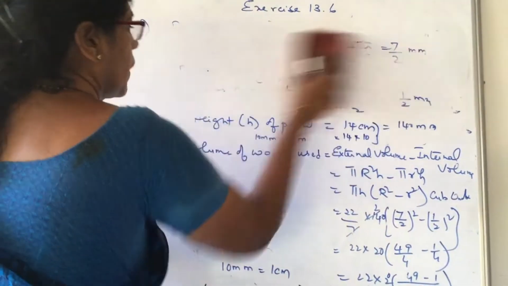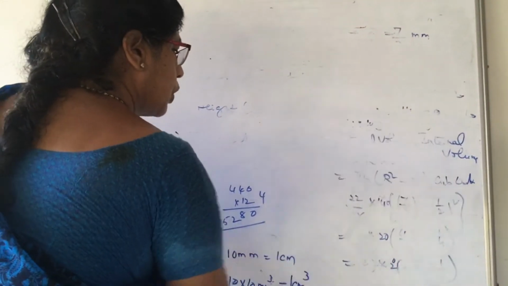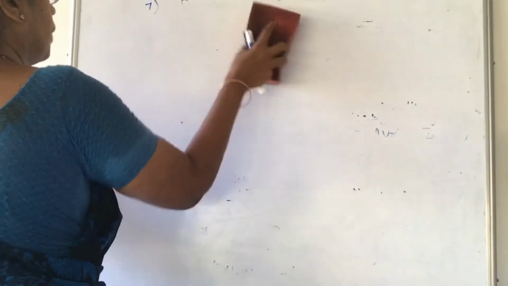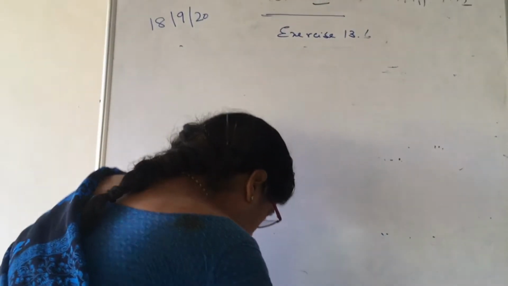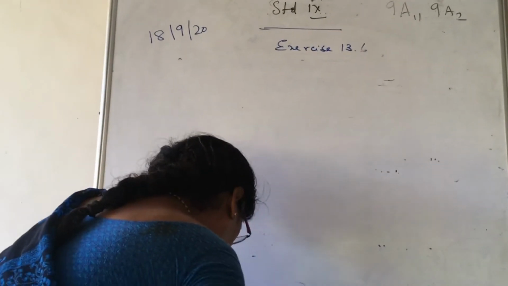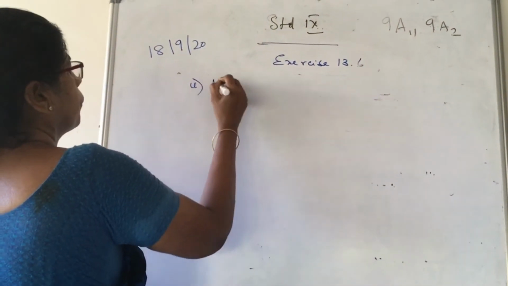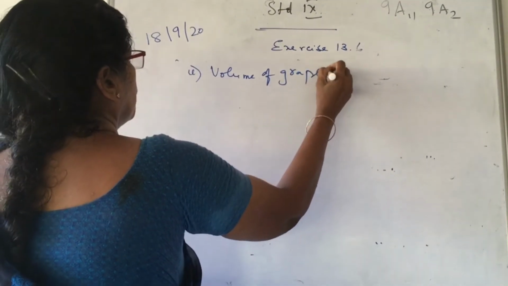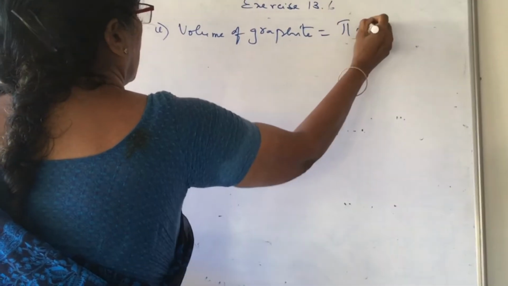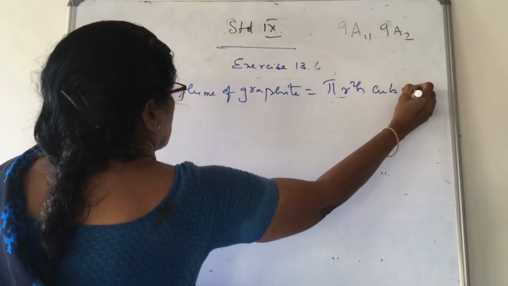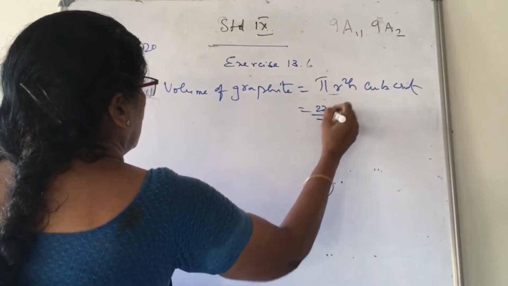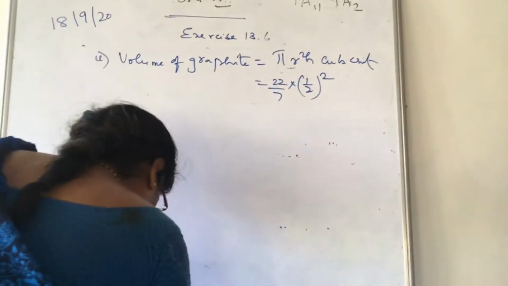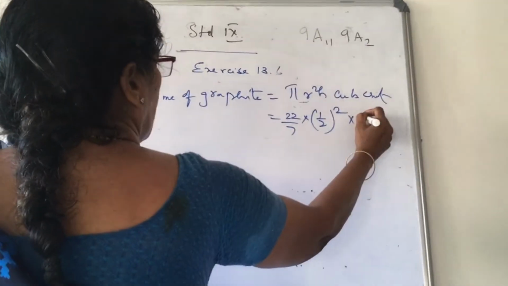Now going to the second bit, children, they have asked you the volume of the graphite. The volume of the wood and the volume of the graphite. The graphite is inside, children, so you are going to use the formula pi r square h cubic units. 22 by 7, inner radius is 1 by 2, and h is 140 millimeters cube.